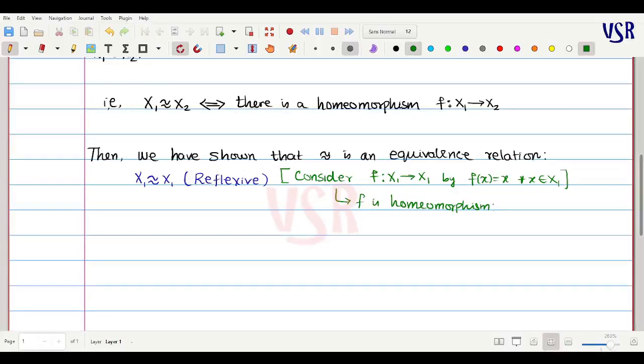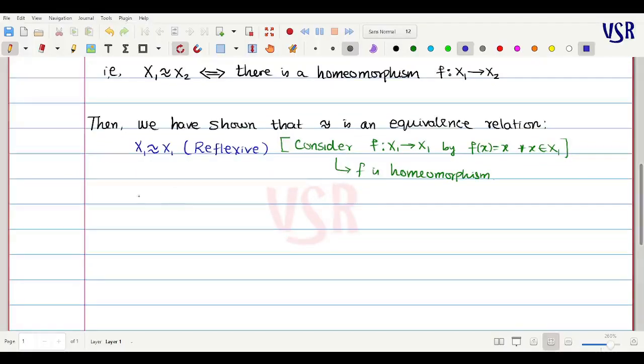Okay, then next we have seen that it is symmetric. How is it symmetric? If x1 is homeomorphic with x2, then this would imply that x2 is homeomorphic with x1. So this is called symmetry. How is this symmetry, sir?